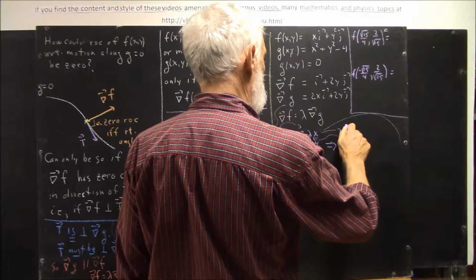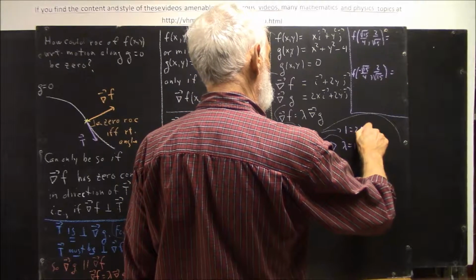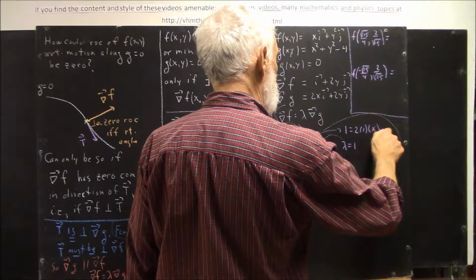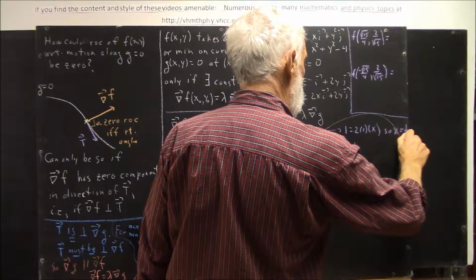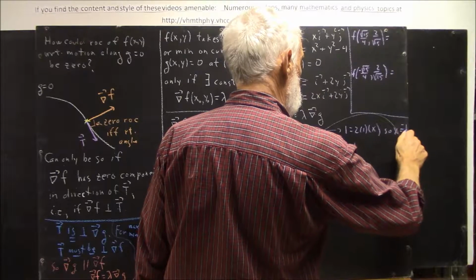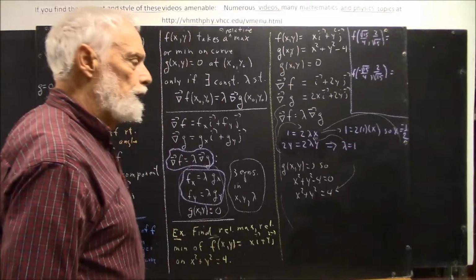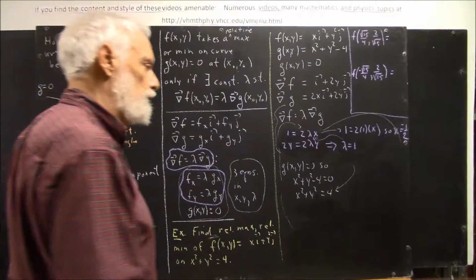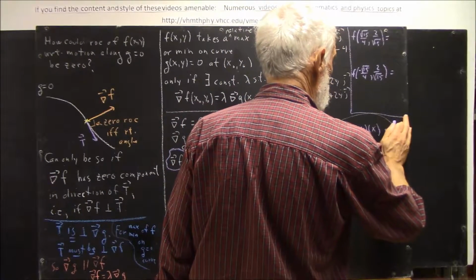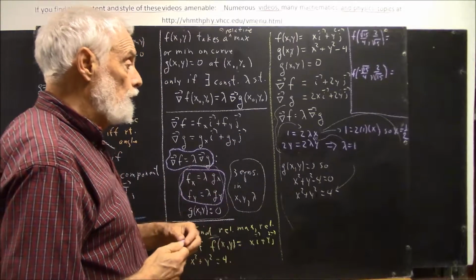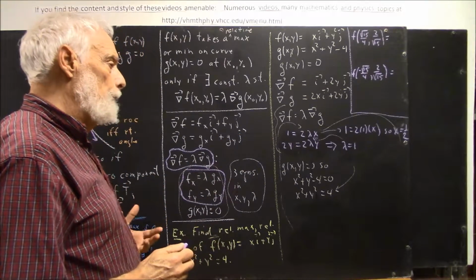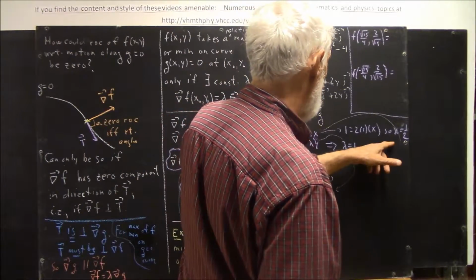And what do we get? We get 1 equals 2 times 1 times x. So x has to be negative 1/2. I'm sorry, it's not negative 1/2, it's 1/2. Be careful. Okay, so we have the point 1/2, 1.